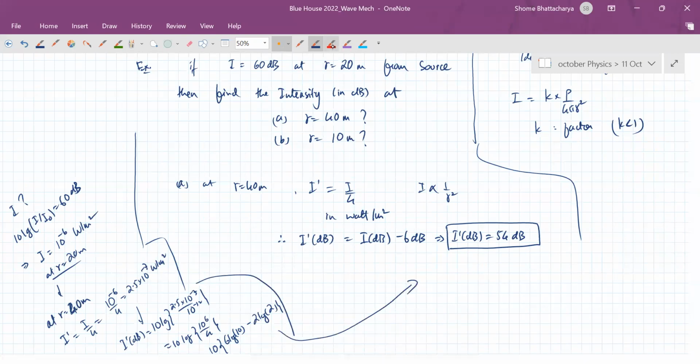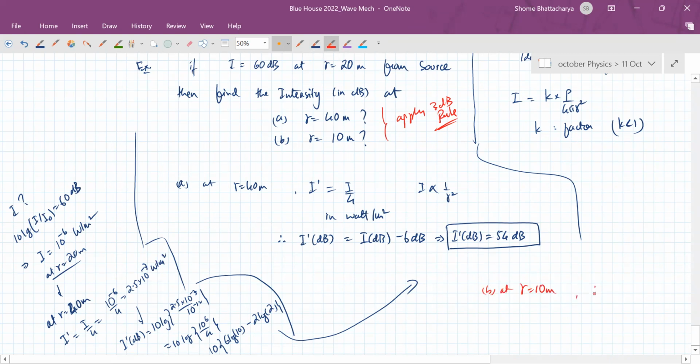But if you just remember the 3 dB rule, that if you half the intensity, then there's -3 dB. If you double the intensity, there's +3 dB. So similarly, you can see for the B part, r equal to 10 meters. The intensity at this will be the intensity at r equal to 20 meters into 4, because intensity is proportional to 1 by r square.